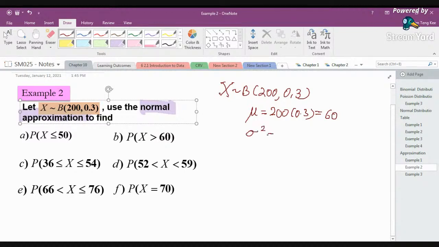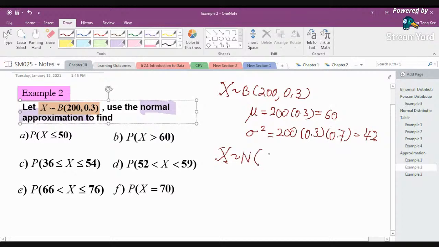Followed by the variance, we have npq, 200 multiply 0.3 multiply 0.7. The answer will be 42. So as a result, you now have X following a normal distribution such that mu is 60, sigma squared is 42. So you have done the approximation from the binomial to the normal.